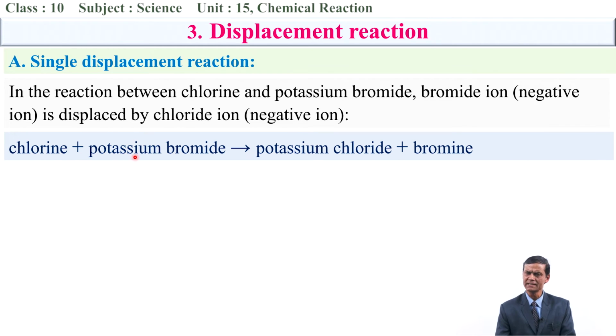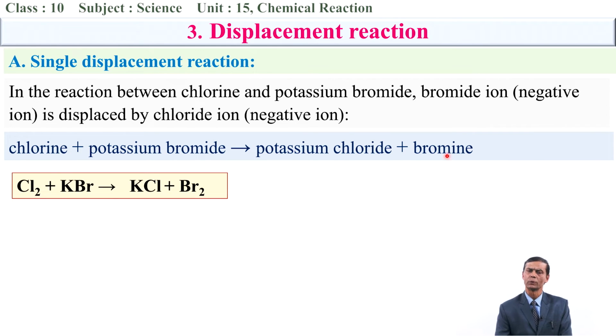So chlorine displaces bromine from bromide. The product will be potassium chloride and bromine. The reaction can be represented like this. Chlorine is diatomic, so we write Cl2 plus KBr, potassium bromide. It gives potassium chloride plus bromine.